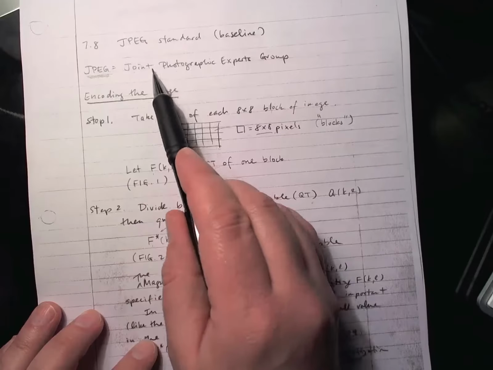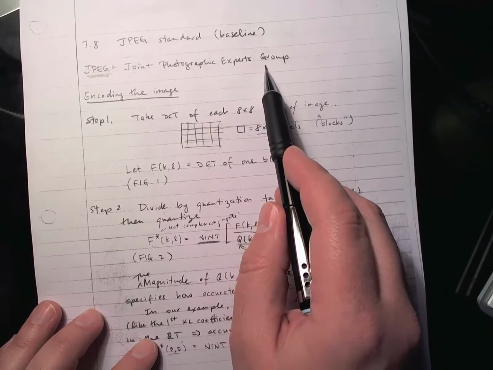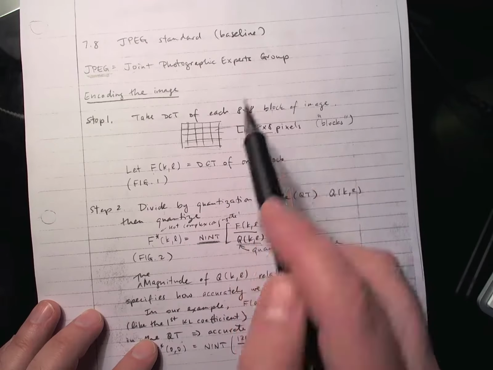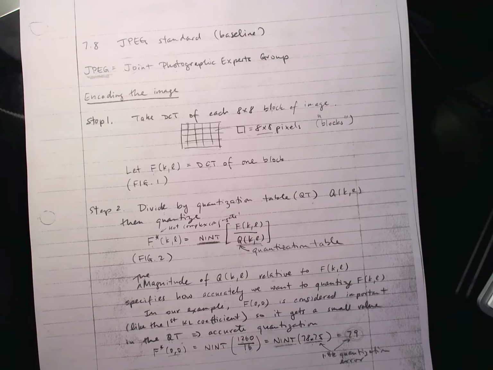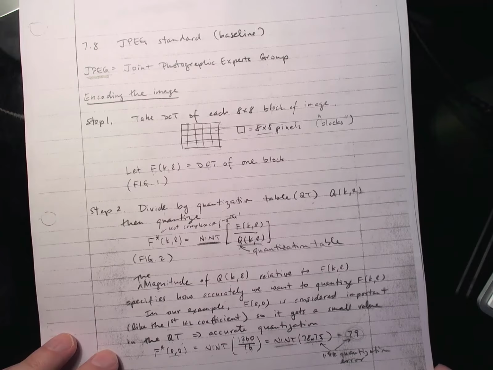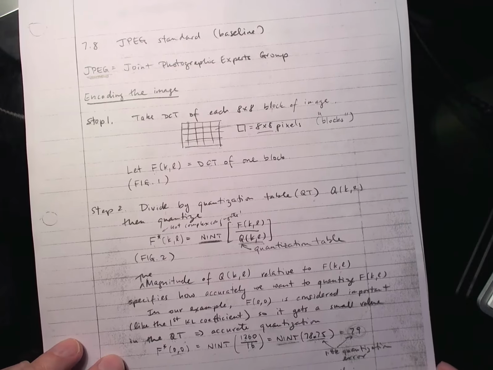JPEG stands for this. This is the name of a committee that decided on this standard method. So we all agree on how JPEG works, so that if we receive or send a JPEG file, we all understand what it means and how to read the file and how to use the file.